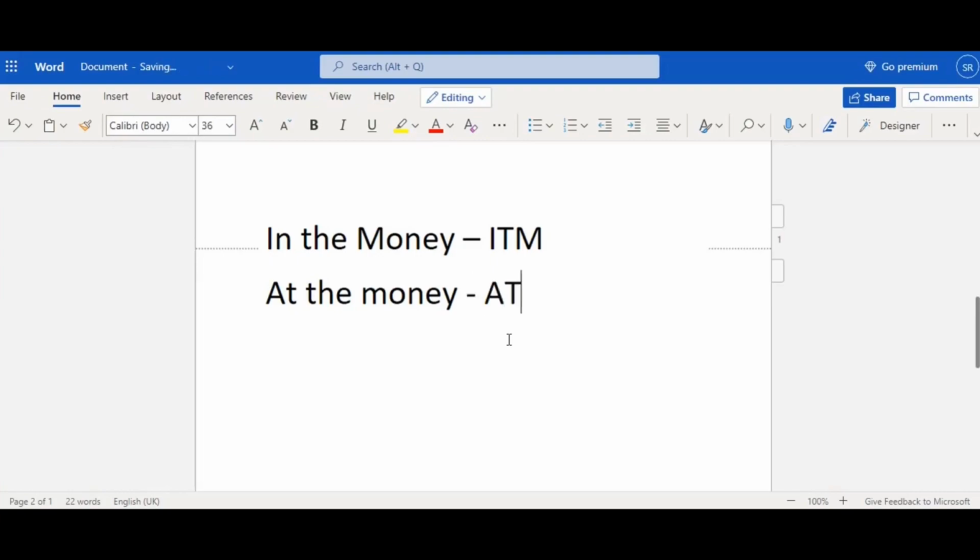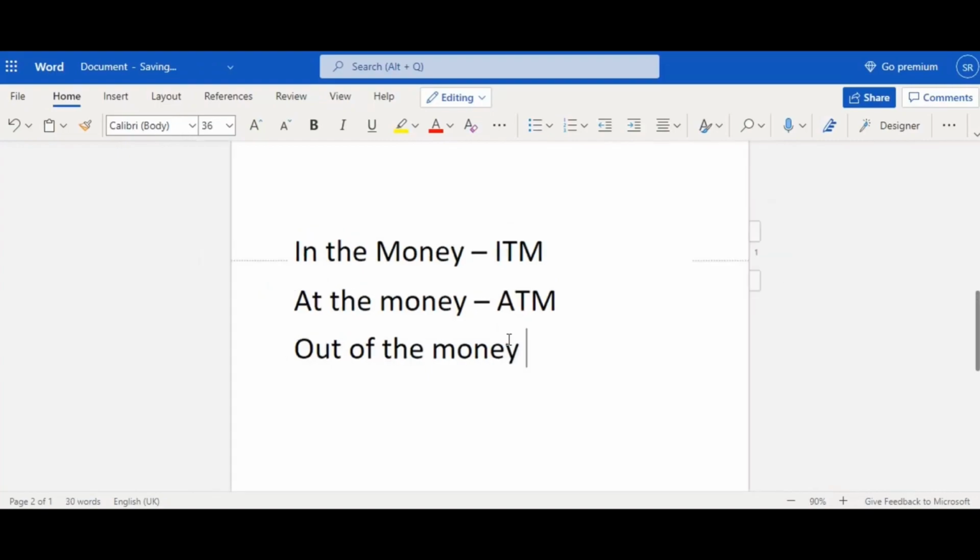And then we have out of the money options, which are termed by the name OTM options. All right. So we have in the money options, at the money options, and out of the money options.